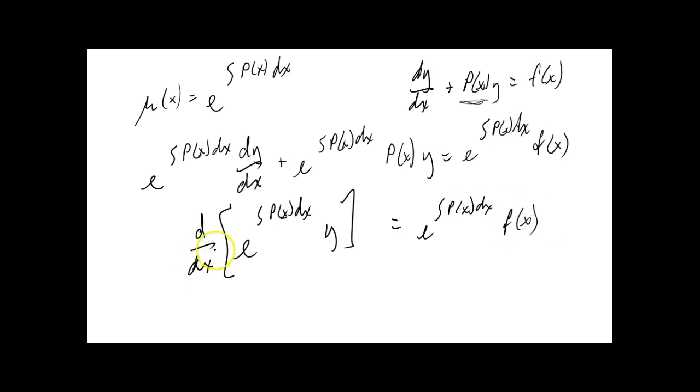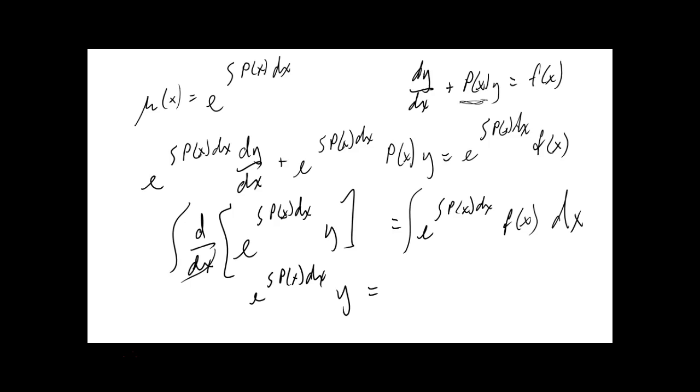Okay, what you do is then write it as a differential. Take the dx out of there and integrate this. The integral of a perfect derivative is e to the integral p of x dx times y, which is equal to whatever that integral is.